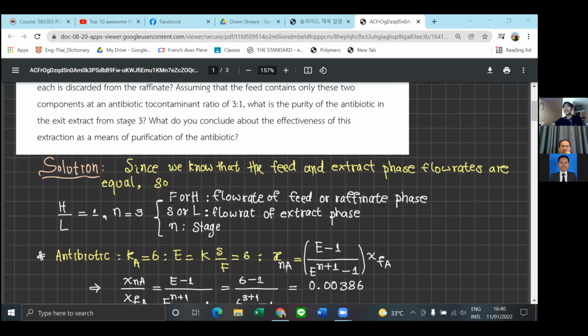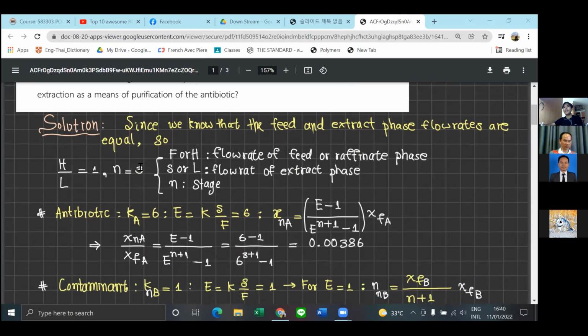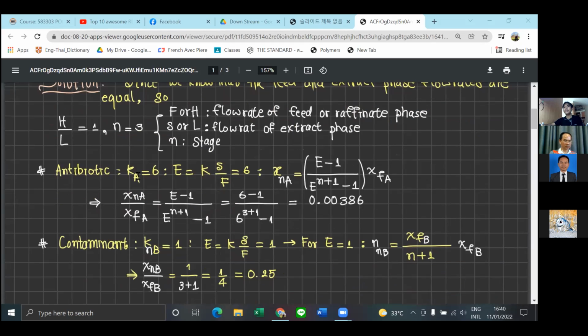They denote it as F and S. So F is the flow rate of feed or raffinate phase, S or L is the flow rate of extract phase, and it's actually the stage that they are going to extract. So since the feed and extract are equal, we can write the fraction to be equal to 1, and the stages equal to 3 because we are going to do 3 stages.